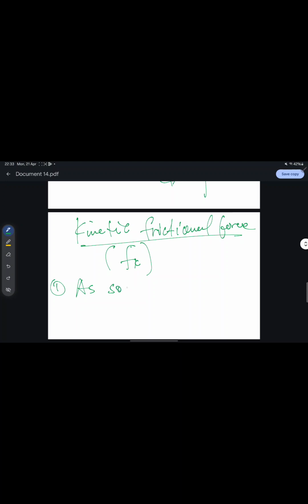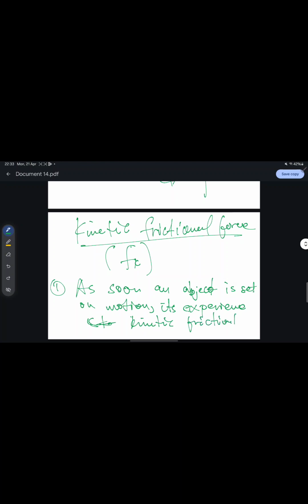As soon as an object is set in motion, it experiences kinetic frictional force.